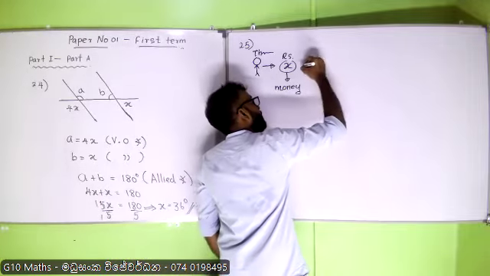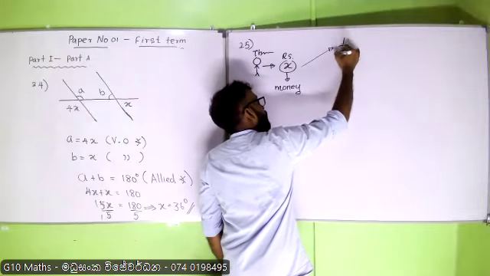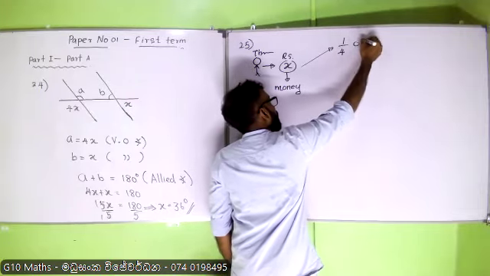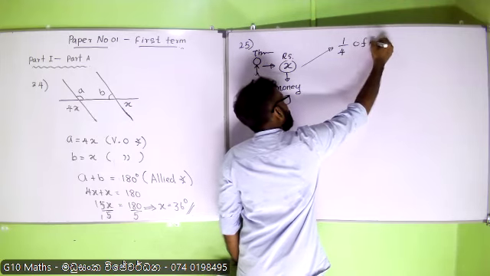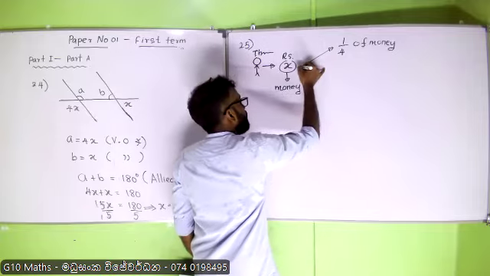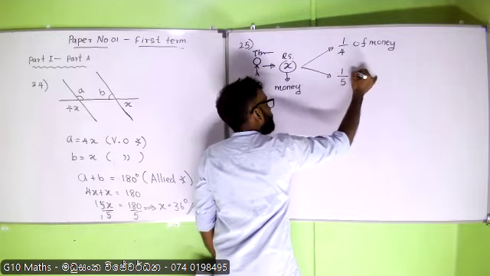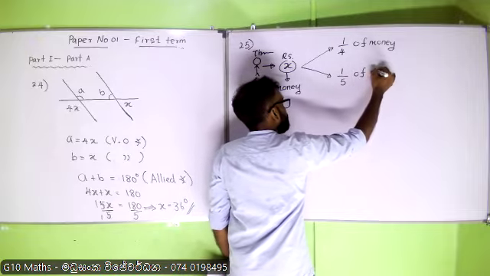So we have 1/4 of money and 1/5 of money.